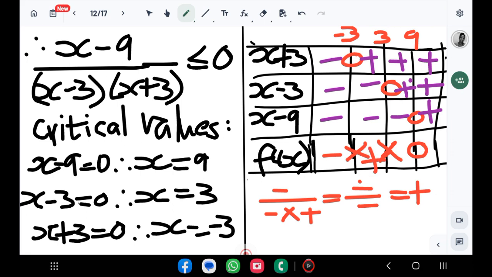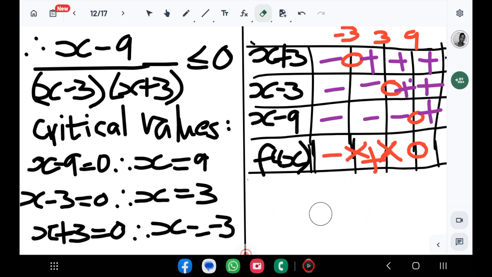Cool. Next, the second last region, that's between 3 and 9. Between 3 and 9, x minus 9 is negative. That's what we start with, negative over x minus 3. X minus 3 is positive, times x plus 3 is also positive here, between 3 and 9.